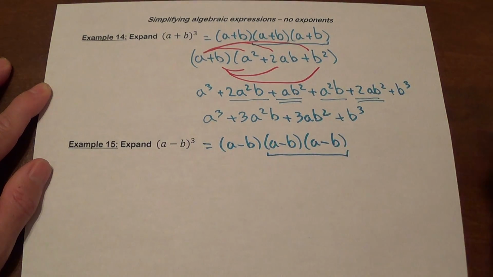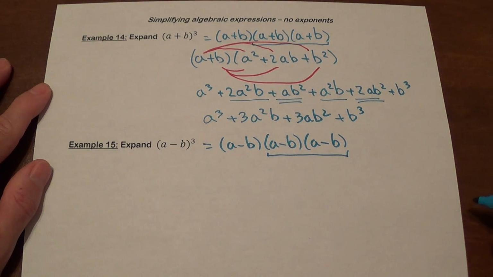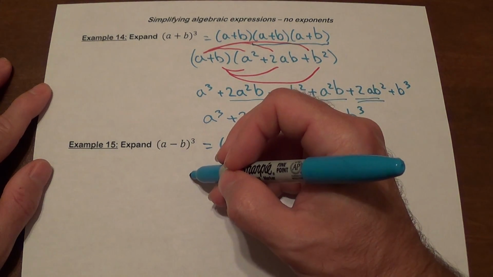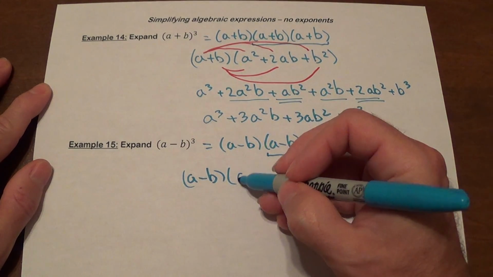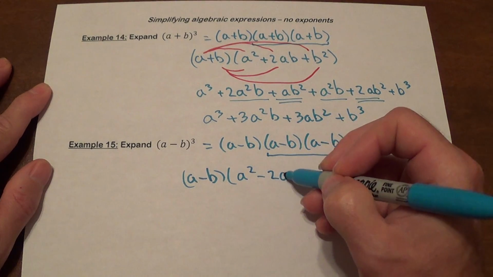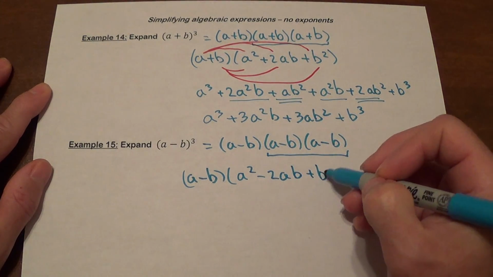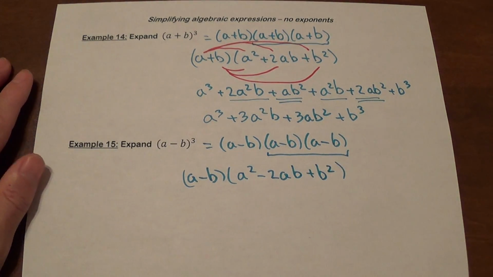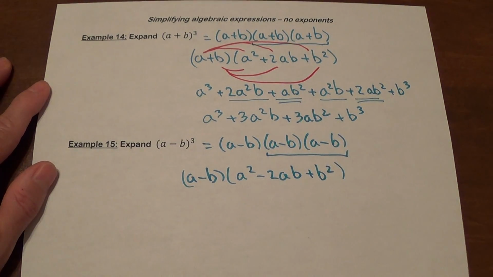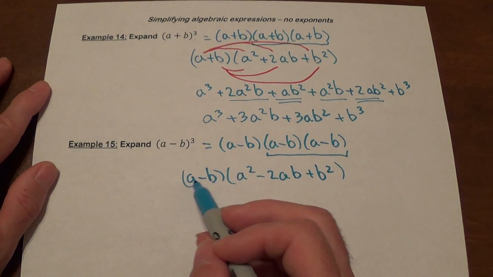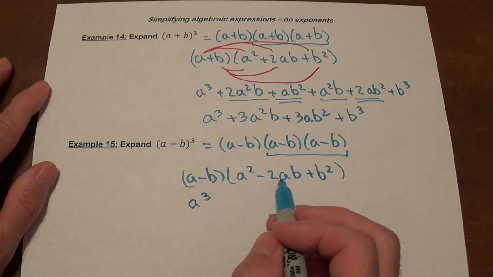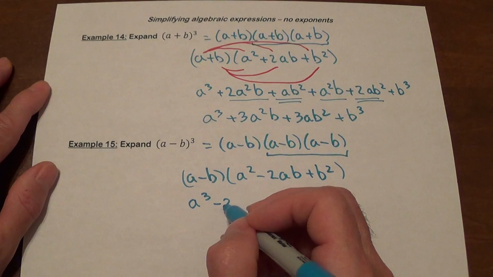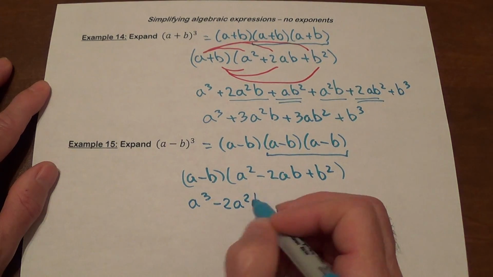We're going to multiply these together. Doesn't really matter which two, they're all the same. And from the previous page we already know what that product is. We know this is going to give us a squared minus 2ab plus b squared. And we are going to multiply all the same way. So a times a squared gives us a cubed. A times negative 2ab will give us negative 2a squared b.